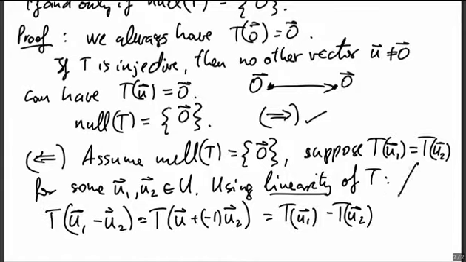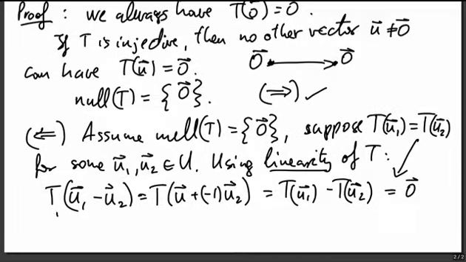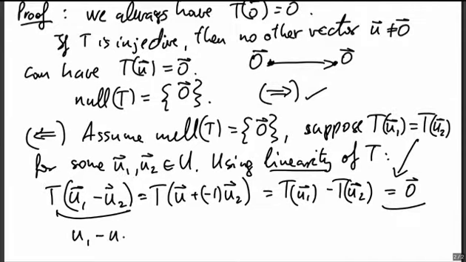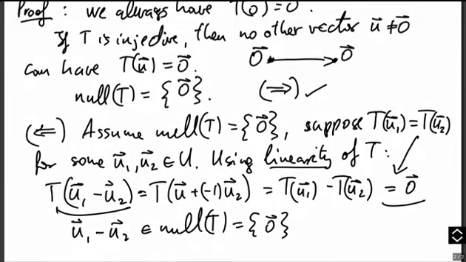And if the two values are the same, that means this is the 0 vector. So that means the vector u1 minus u2 is in the null space, but the null space is only the 0 vector and nothing else.